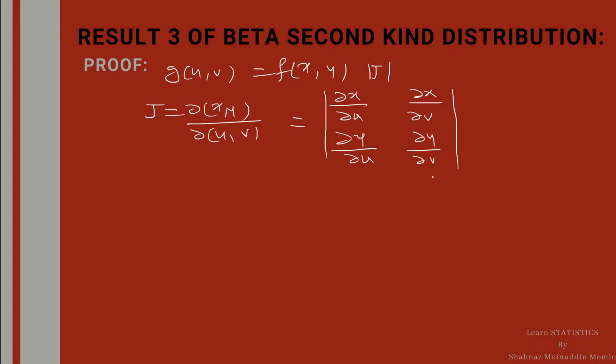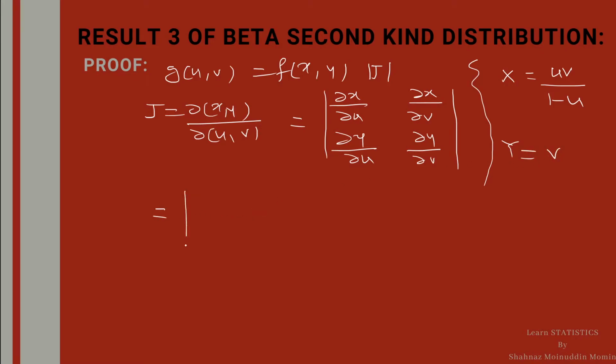The Jacobian of transformation is also studied in the subject mathematics. Now let me write the expressions for x and y in order to take derivatives easily. x equal to uv divided by 1 minus u as we have calculated, and y equal to v.